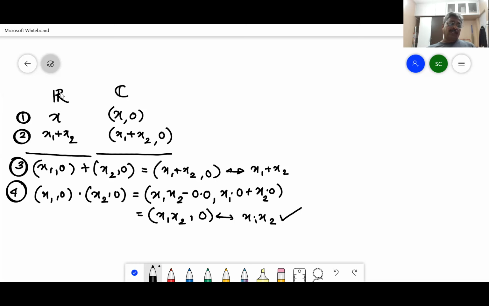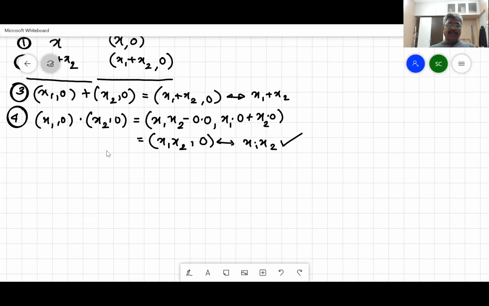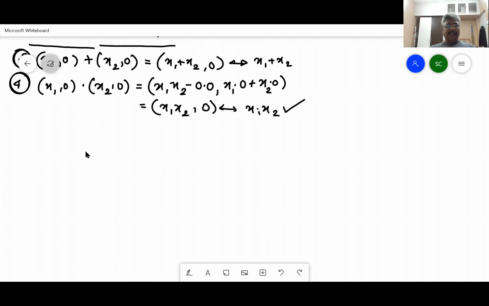So maybe what we can say is R tilde, the embedded real number system in complex numbers, is behaving perfectly well as far as addition and multiplication are concerned, and it is giving us correct results.